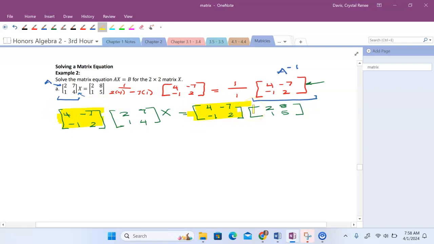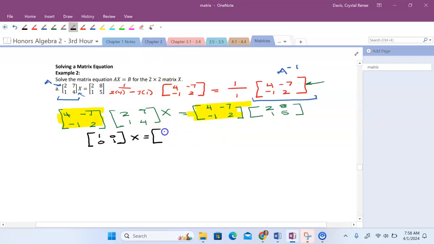Okay, just like I do in normal algebra. Okay, well, what happens then, remember, the inverse times itself, this is going to be the identity matrix. Okay, and then I can multiply this out over here.